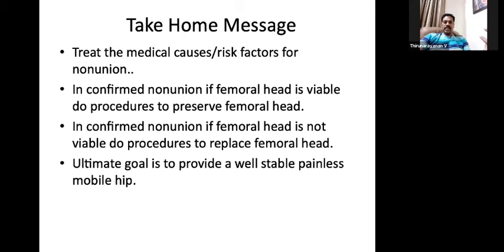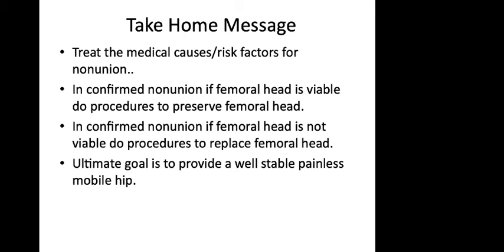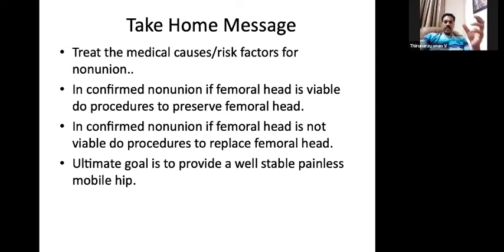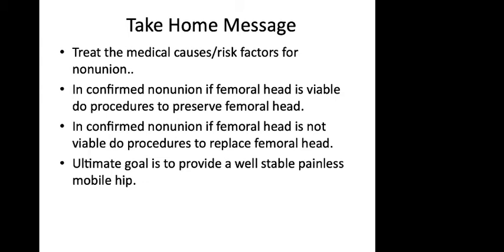Don't think about fixed bipolars; I'm telling about modular bipolar. There are two bipolars, fixed bipolar and modular bipolar. Now fixed bipolar is almost going out of existence, and they are doing only modular bipolar. So if you want to convert into total hip replacement, you always have the possibility to convert into THR. But there is no specific indication.